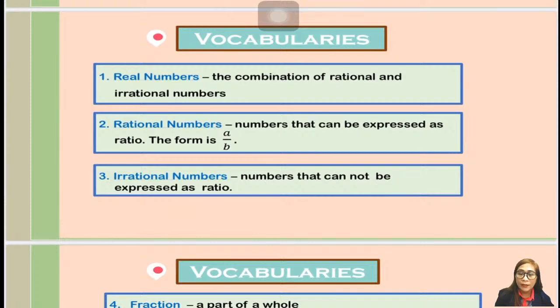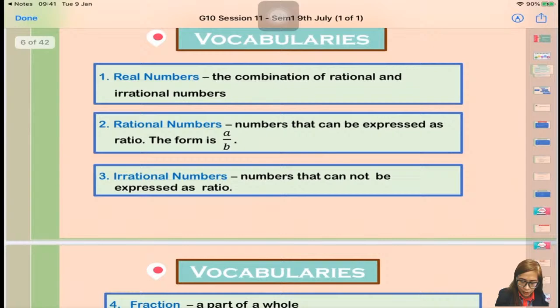So what is a real number? A real number is any number that you can think of, like 5, 2, -1. It is a combination of rational and irrational numbers. The second one is rational numbers. What are rational numbers?